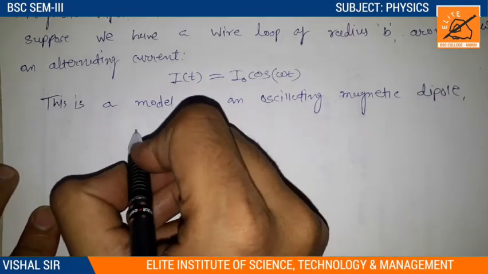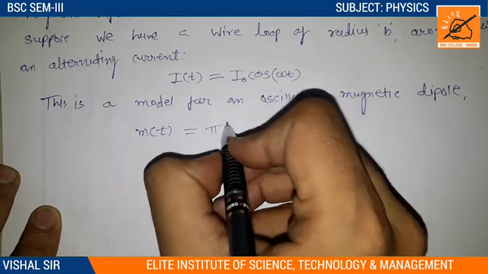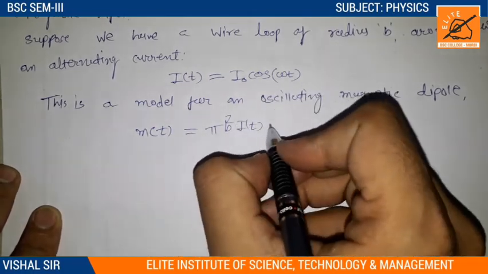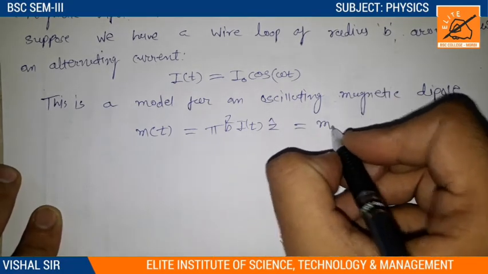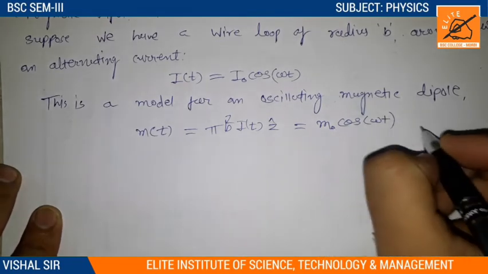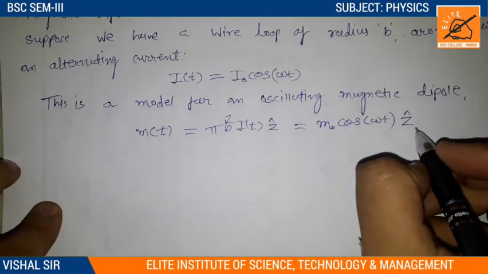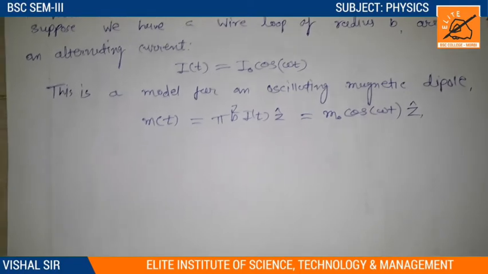So m of t is equal to pi b square into I of t z cap, so it is equal to m0 cos omega t z cap.